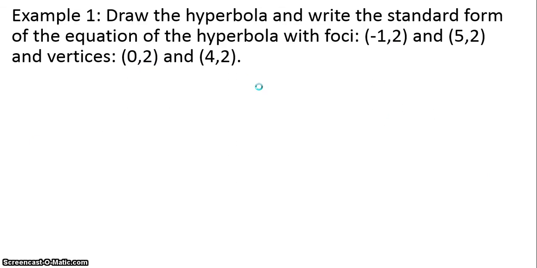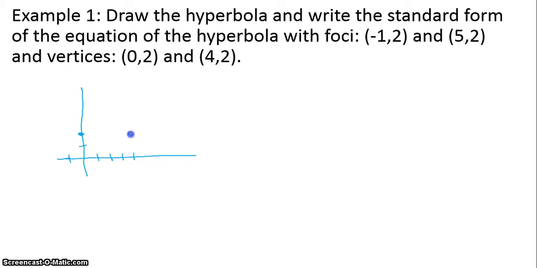All right, let's look at a couple examples. So we're going to draw the hyperbola and write the standard form given this information. So first thing I need to do is start working on my graph. All right, so I have vertices at 0, 2 and at 4, 2.